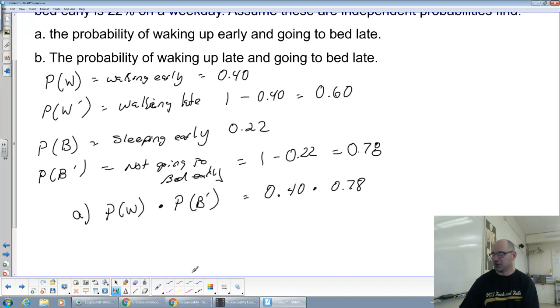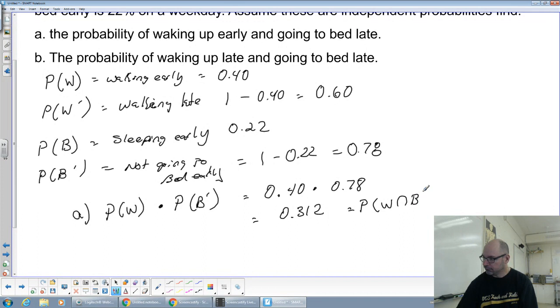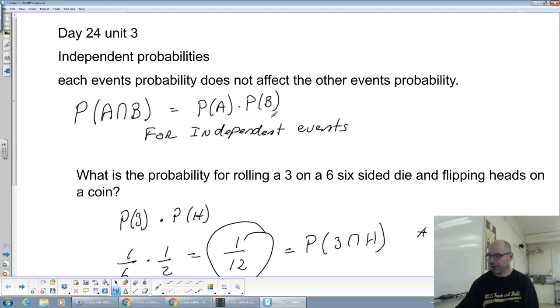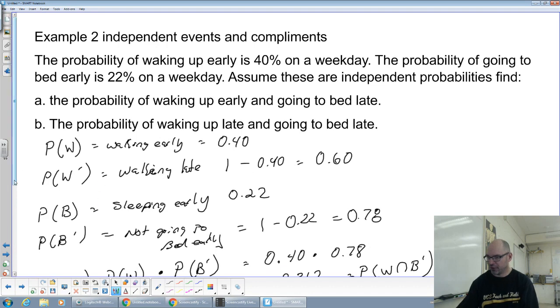Again, we could probably do a tree diagram in this one as well if we wanted to. So 0.4 times 0.78, that's going to give us 0.312. And this equals the probability of waking up early and going to bed late. Just like the formula right there, we're just multiplying those together.